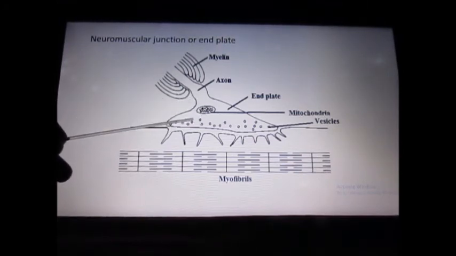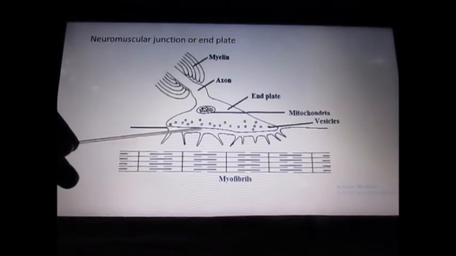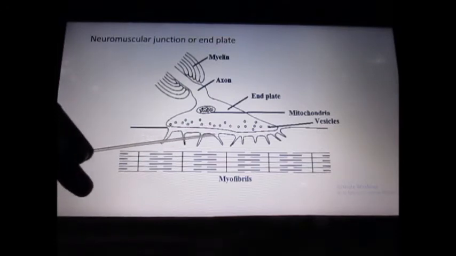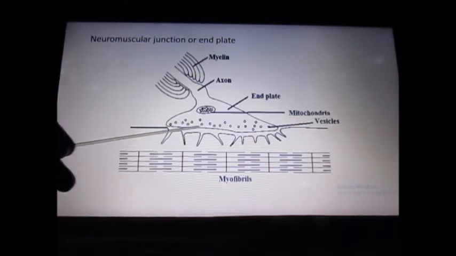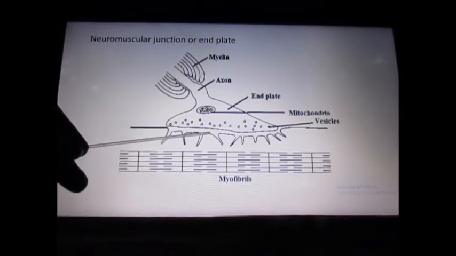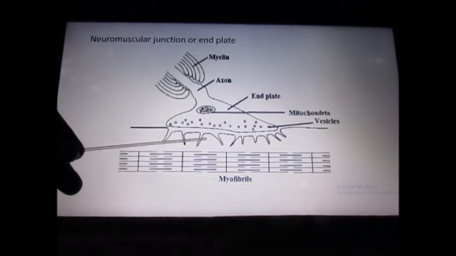Those vesicles release their acetylcholine. Acetylcholine will attach to the receptors found on the postsynaptic membrane, which is actually the membrane of the muscle cell.